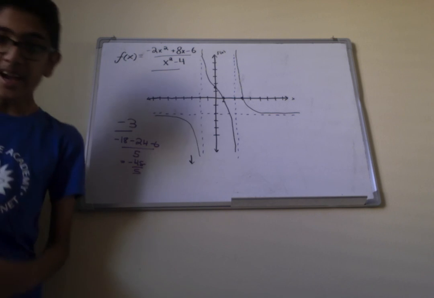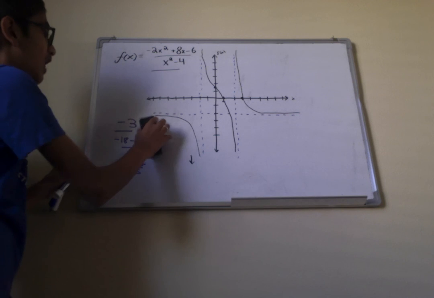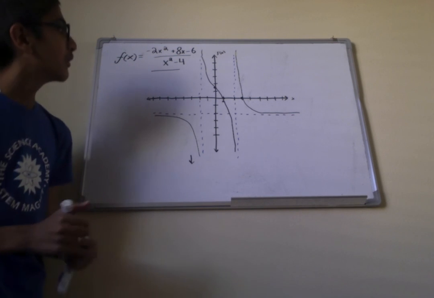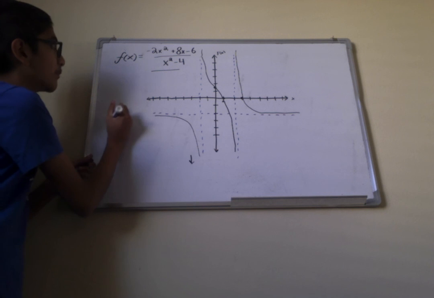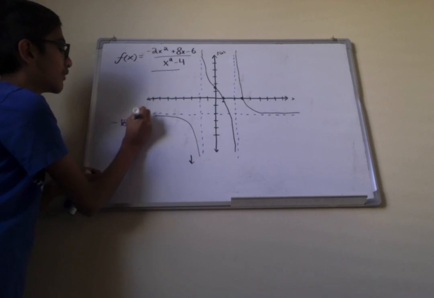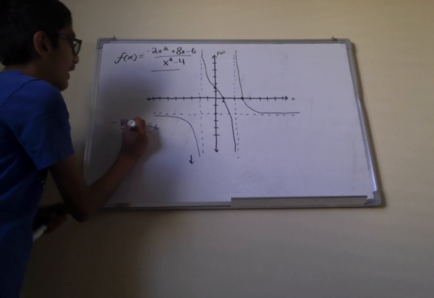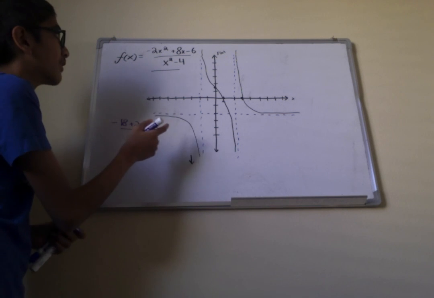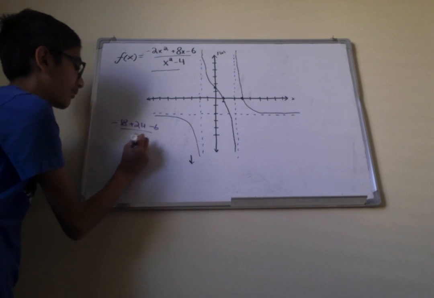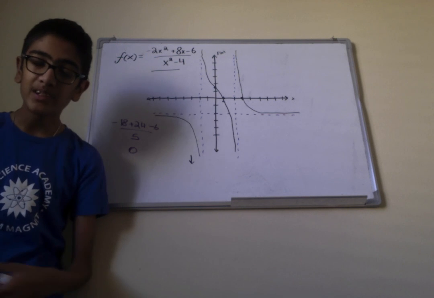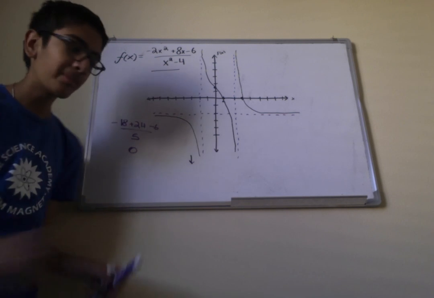So let's try one after the other vertical asymptote. Let's do 3. We get -18 plus 24 minus 6 over 5, which would be 0. And then I realized this is actually the x-intercept, so I should pick a different point.